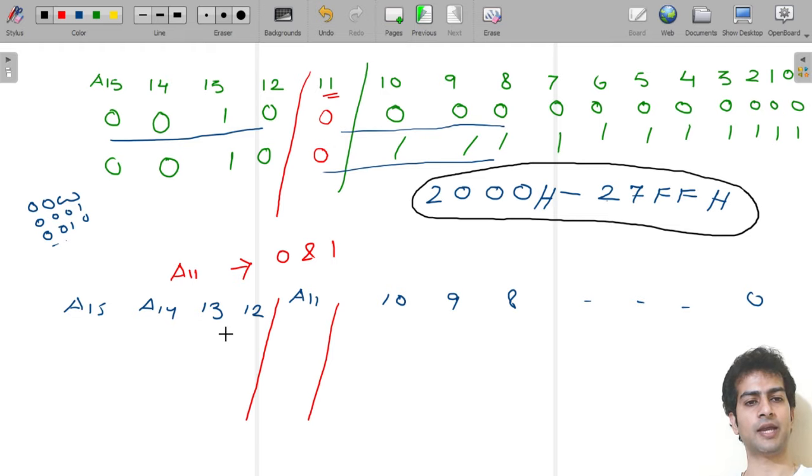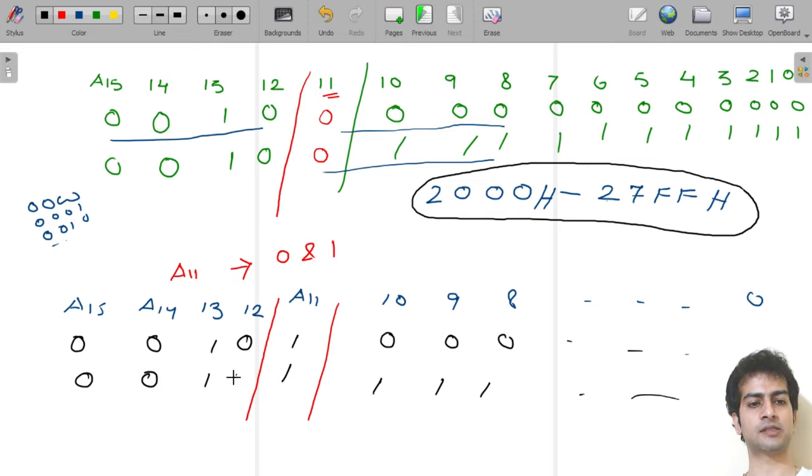Now suppose A11 has taken the value 1. What will our range be here? The rest of the address lines remain the same. A11 can take two values, either 0 or 1.